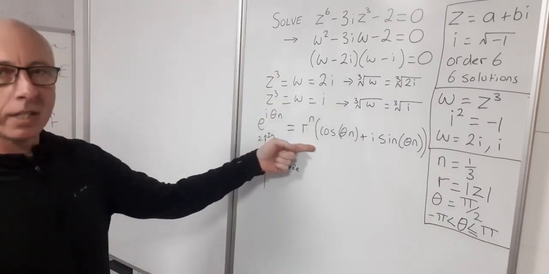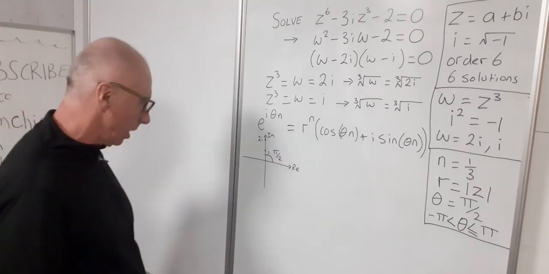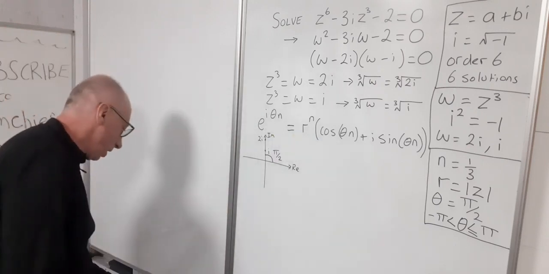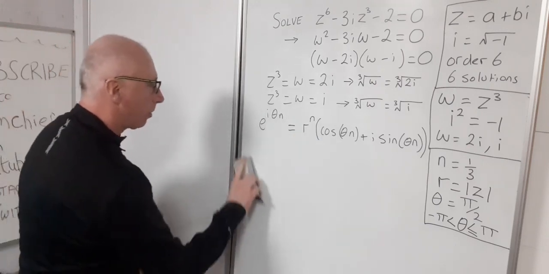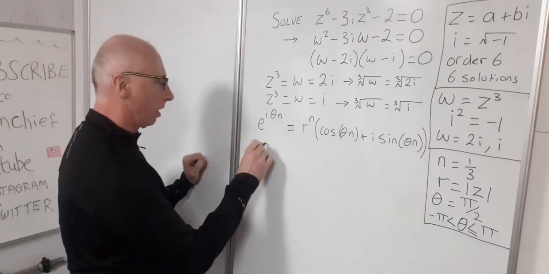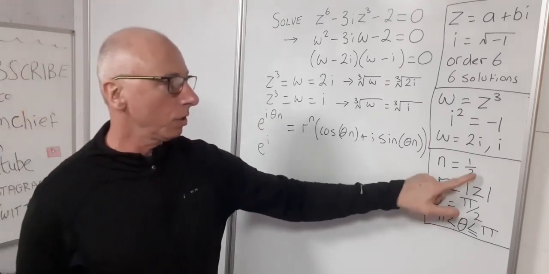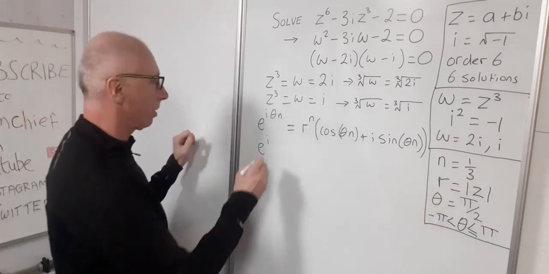Now let's go into our solutions for this equation. Let's take this bit off the board. Now we've worked that out, and we can write e to the i theta times n. So pi over 2 times 1/3 is pi over 6.